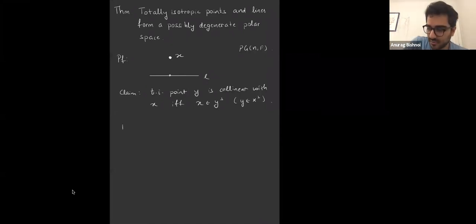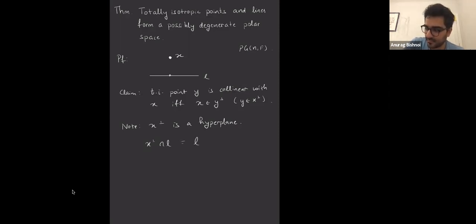Right, now note X perp is a hyperplane. So X perp intersection L is either equal to L or X perp intersection L has cardinality 1.